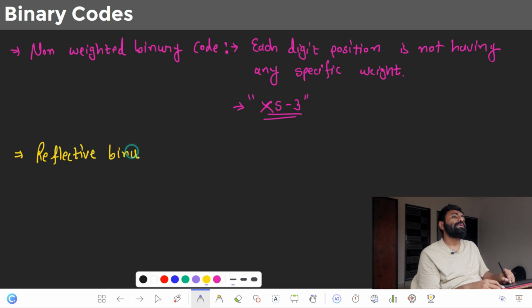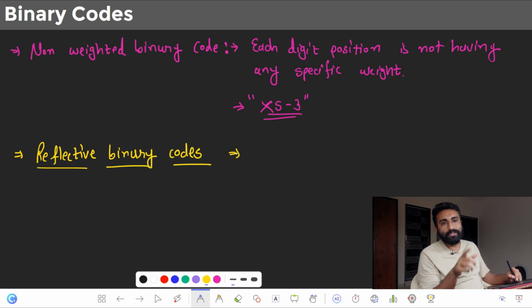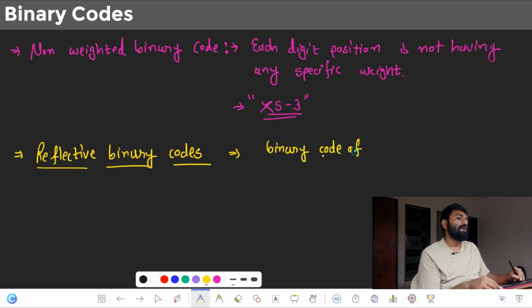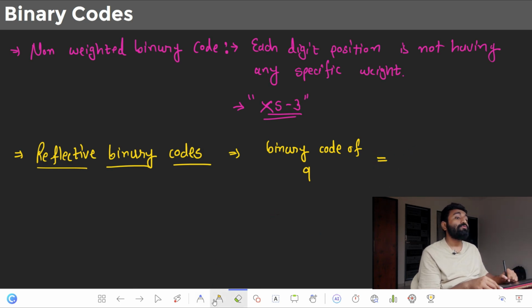The next one that we have seen is the reflective binary code. The name reflective says there should be some reflection between the binary codes. The logic here is, if you are writing the binary code of 9, this should be equal to the complement of the binary code of 0.